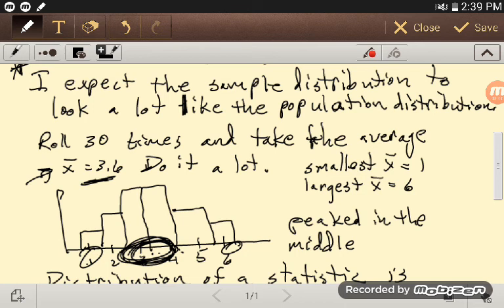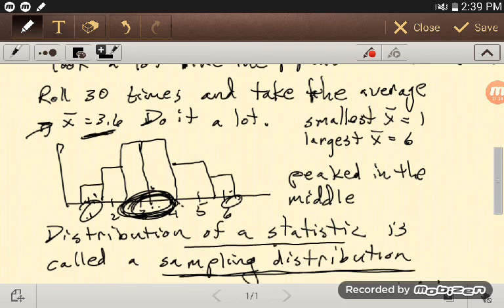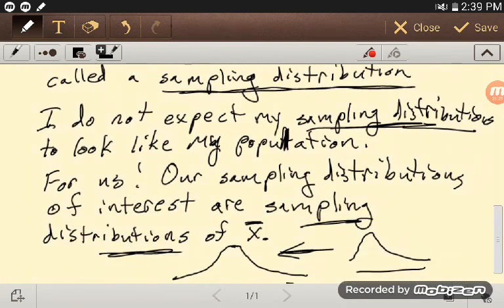It'll get tighter and tighter, taller and taller in the middle, and almost nothing on the ends as I increase the number of rolls. Okay, so there is a bit on population versus sampling distributions. Very important idea for us.